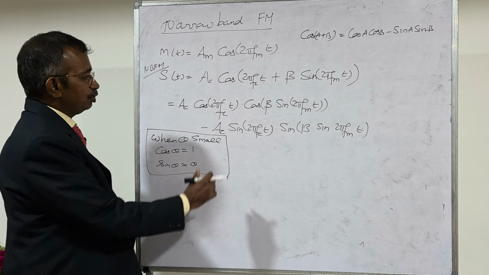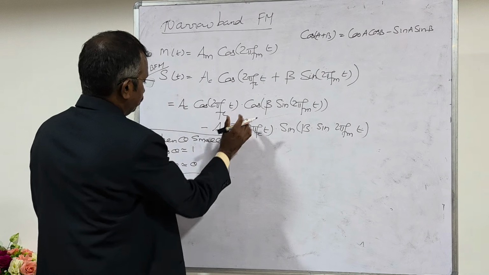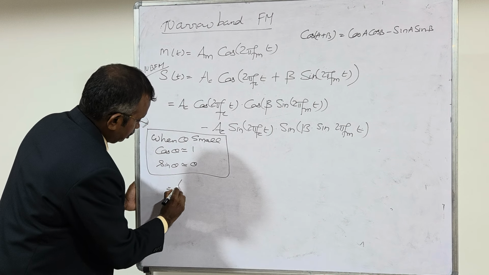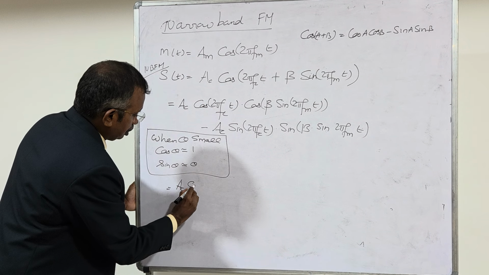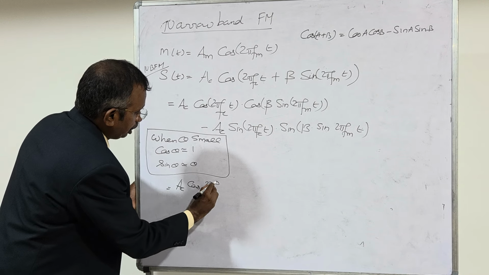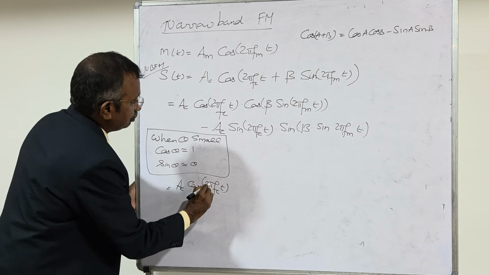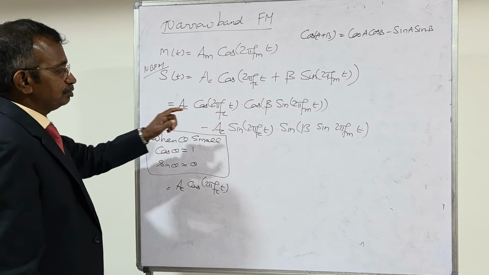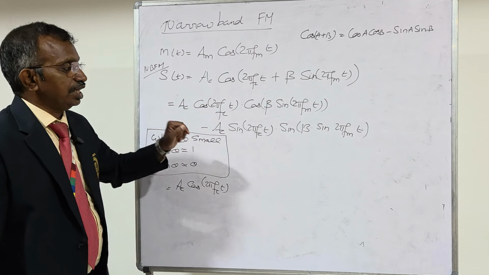Therefore, now I can write this equation as Ac cos 2 pi fc t into cos(beta sin 2 pi fm t).